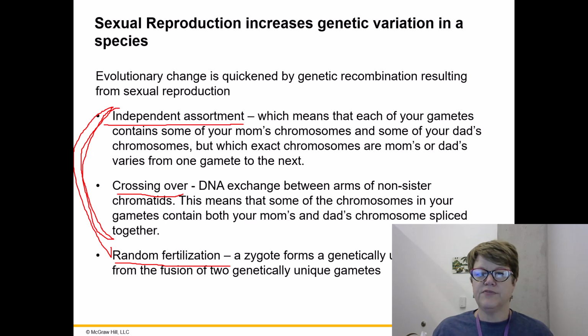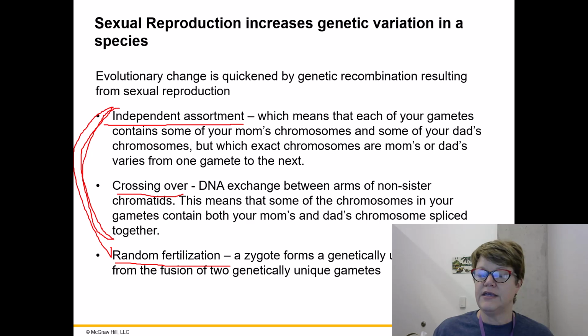And then random fertilization is the idea that any egg from one individual can fuse with any sperm from another individual. Because that fertilization can go in so many different ways, it's basically astronomical what kind of genetic combinations can be produced.